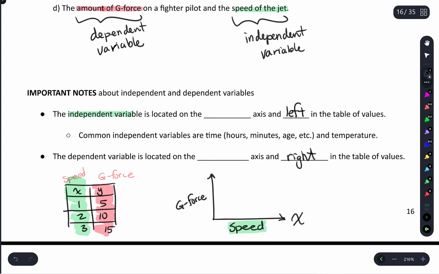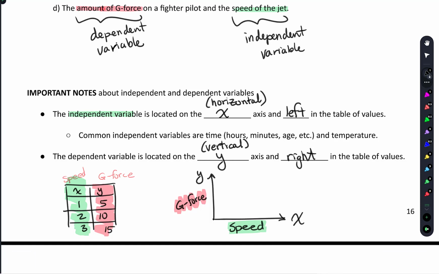That's the horizontal axis. So I'll put the x-axis, or horizontal. And the y-axis, or the vertical axis, always has our dependent. So I'm going to say the y-axis, or the vertical axis, will always have the dependent variable.